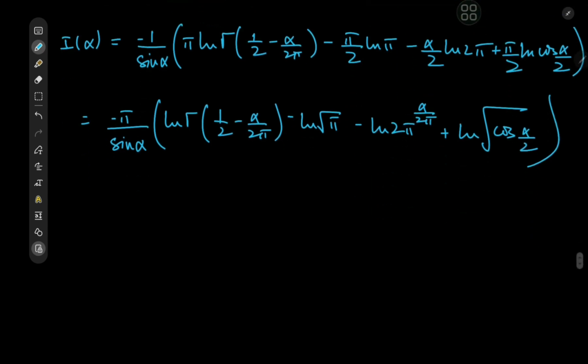This is awesome. Now using the properties of the logarithm, we can combine everything, but let me distribute this minus sign along with it instead of reciprocating at the end.